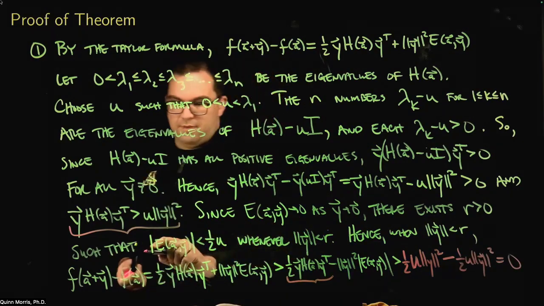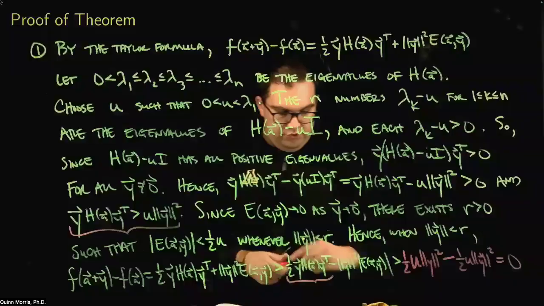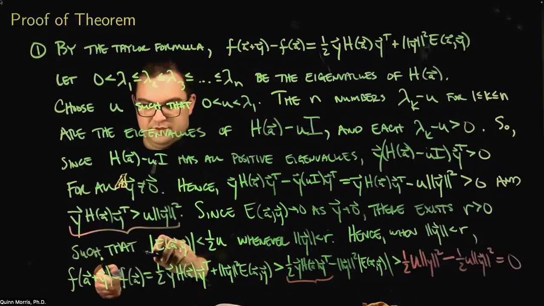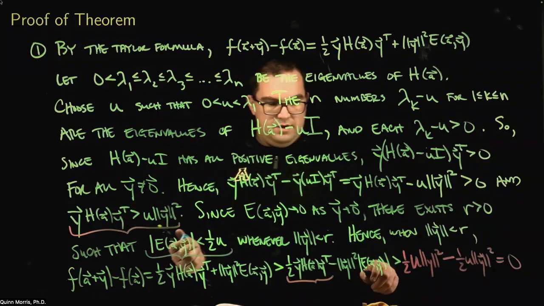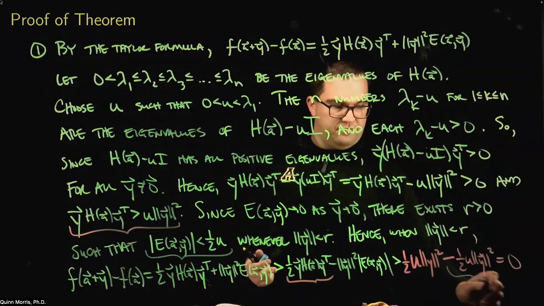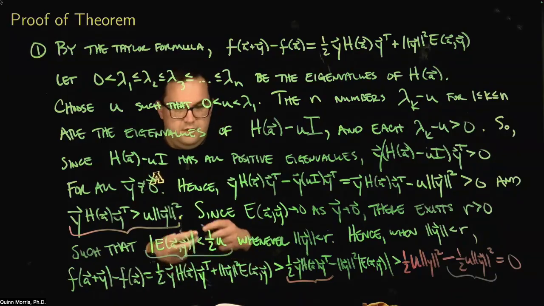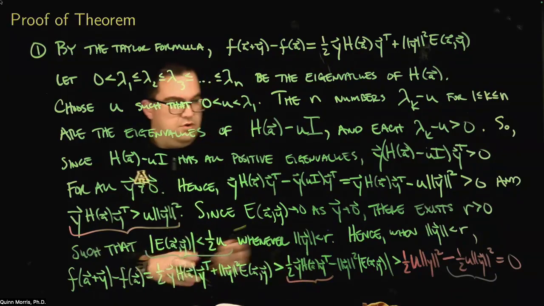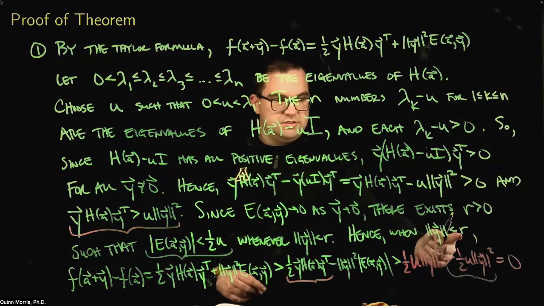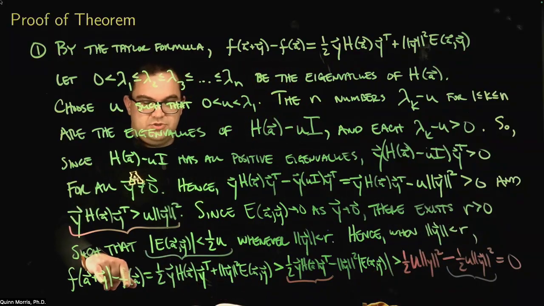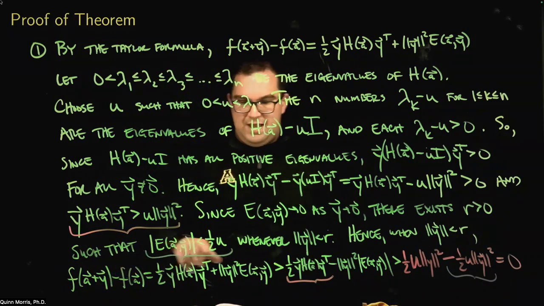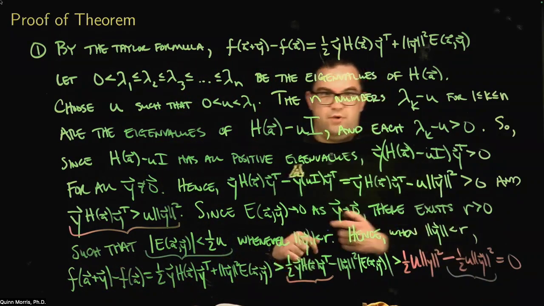So by combining these two inequalities, just to highlight, the pink is coming from here, and the blue piece is coming from here, I get that whenever y is close enough to 0, then f of a plus y minus f of a has to be strictly greater than 0.